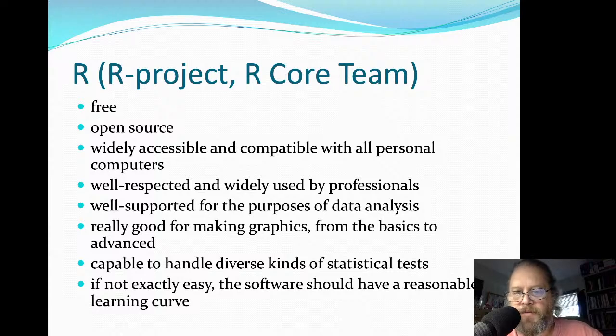But the advantage of open source, in particular in statistics, is that you can actually see how the thing's coded. You can look at the code and figure out whether it does what it claims to do. Software that does statistics, like SAS, SPSS, Minitab and whatnot, are commercial versions, and they're closed. You're not allowed to look at the code.